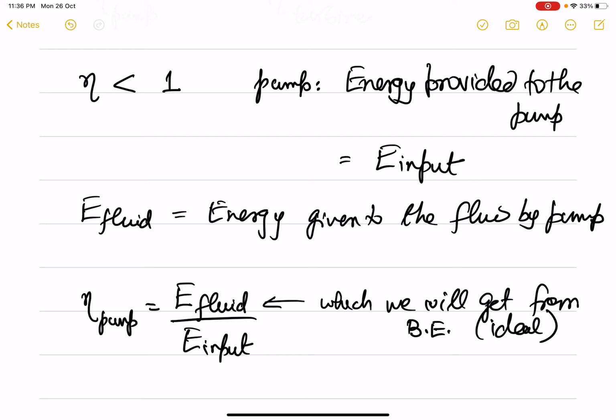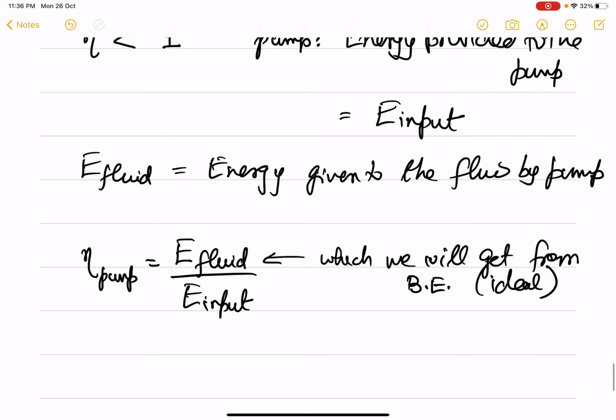So the total energy put into the pump will not all go as energy transferred to the fluid. There will be some losses as heat, and there will be viscous losses which cause the heat. So the pump efficiency, which is less than 1, is given by this. You have to account for this.